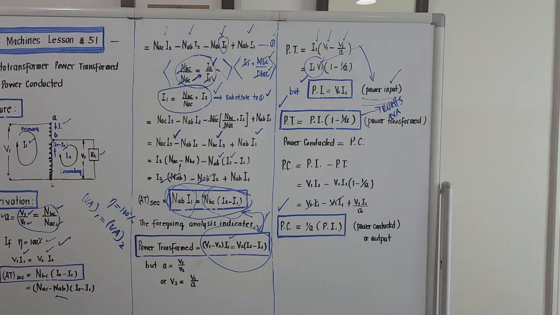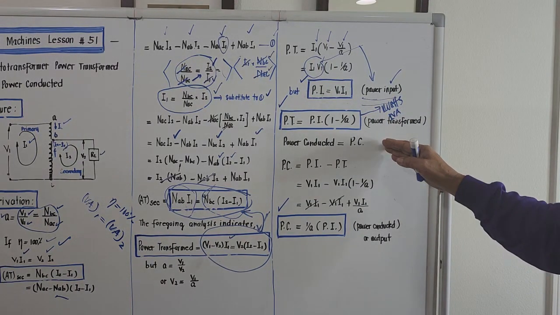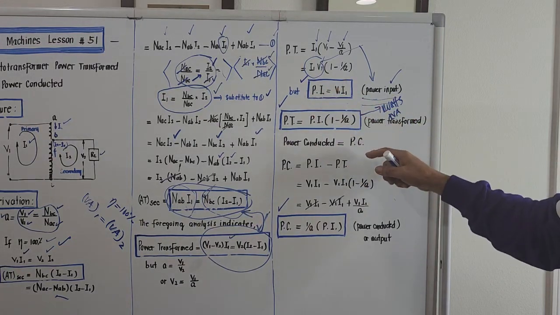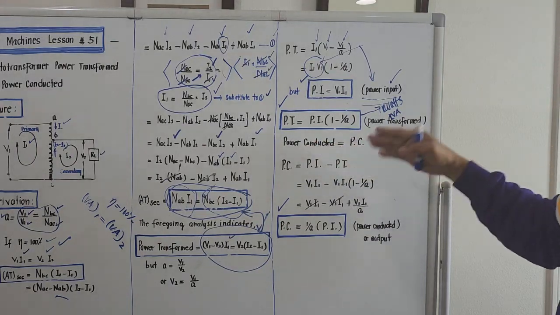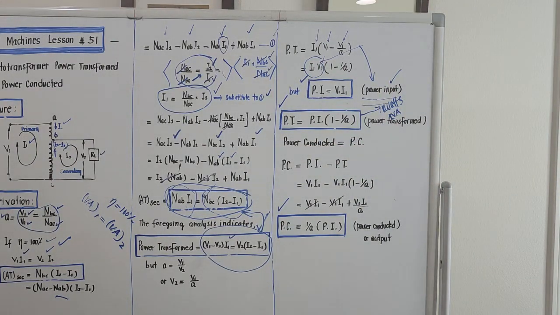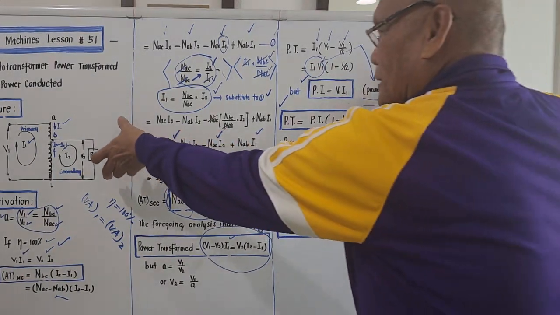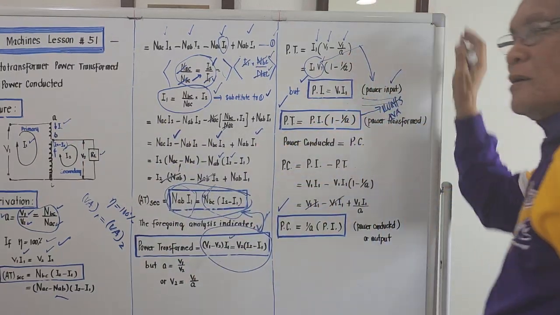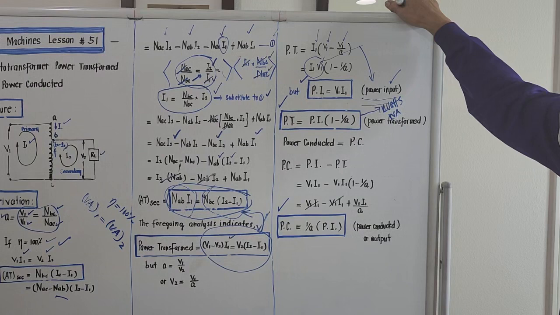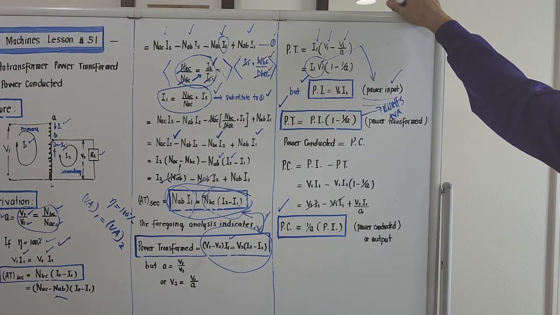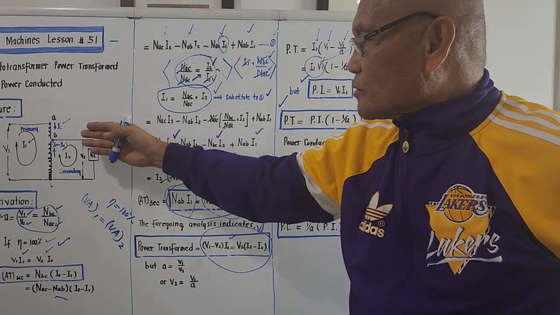Okay, let's bring out another term. Capital letter P and C, meaning power conducted. Power conducted is just like the power output of the secondary. Why conducted? Because the power output is not taken by an induction process, since there is no secondary winding.